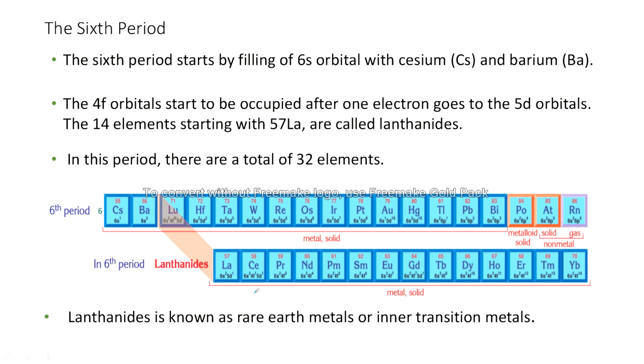Let's go to the 6th period. The 6th period starts with the filling of the 6s orbitals with cesium and barium. So we have to fill up the 6s orbitals of cesium and barium.